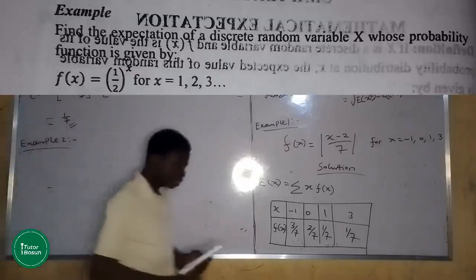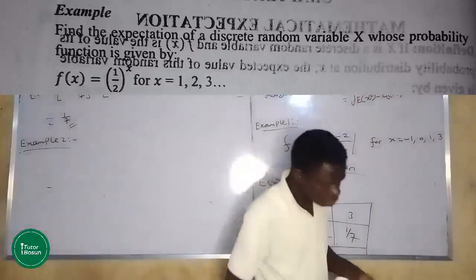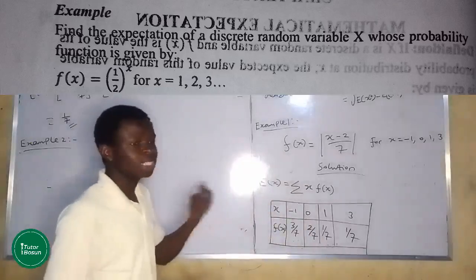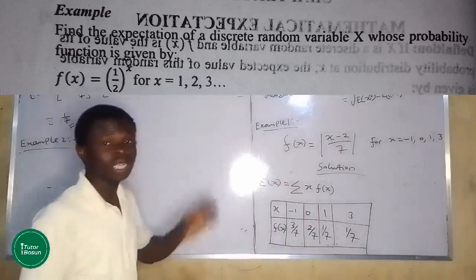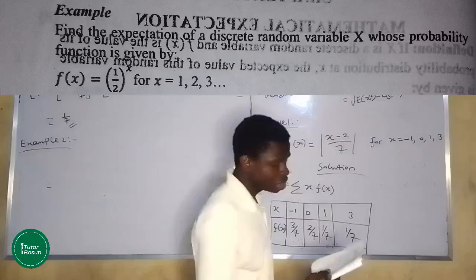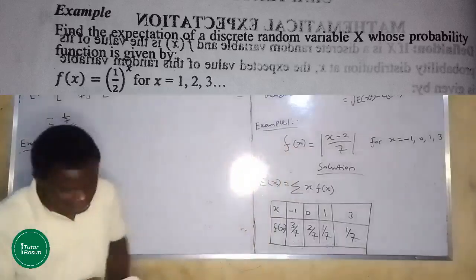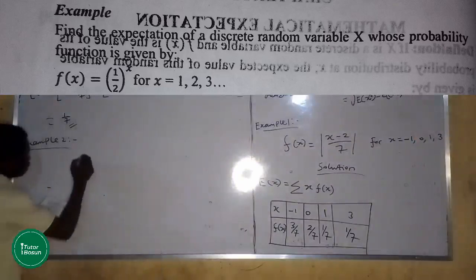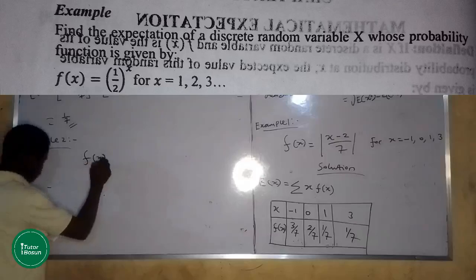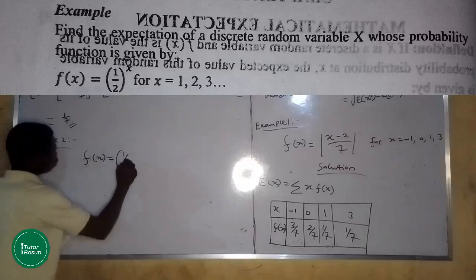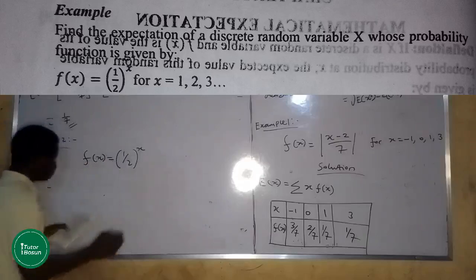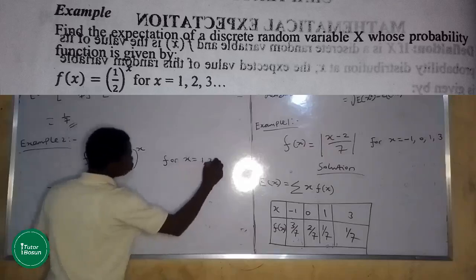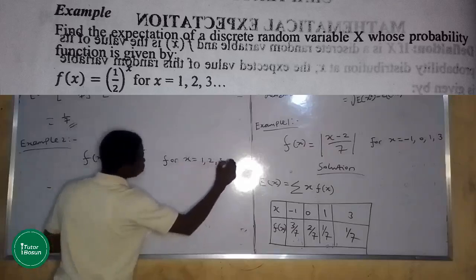This example says, find the expectation of a discrete random variable x whose probability function is given by f of x equals 1 over 2 raised to power x, for x equals 1, 2, 3, and so on.